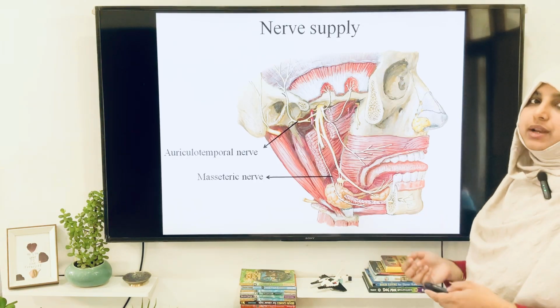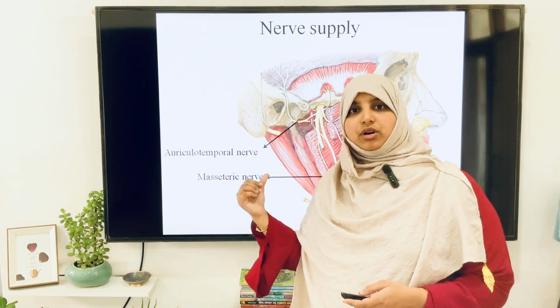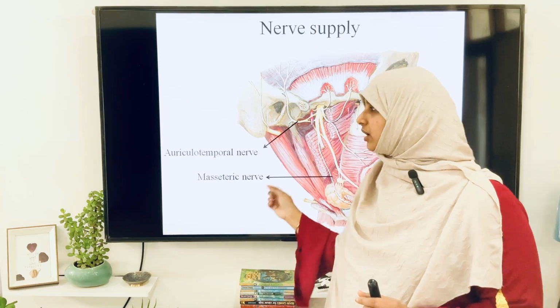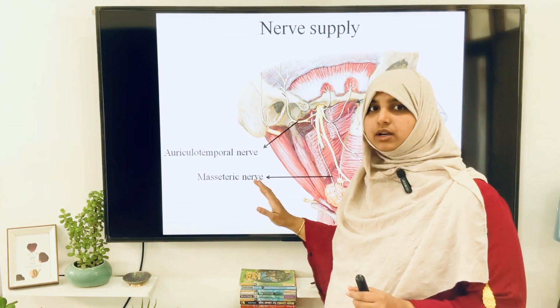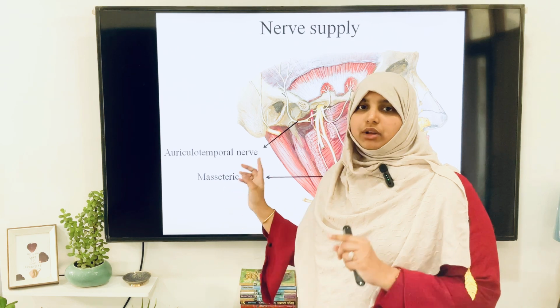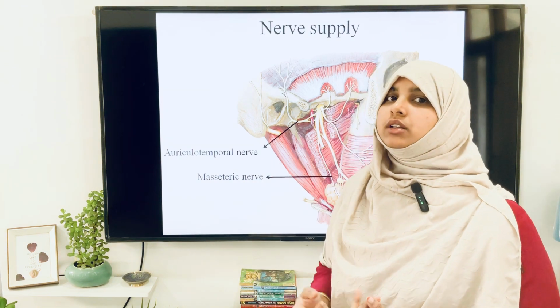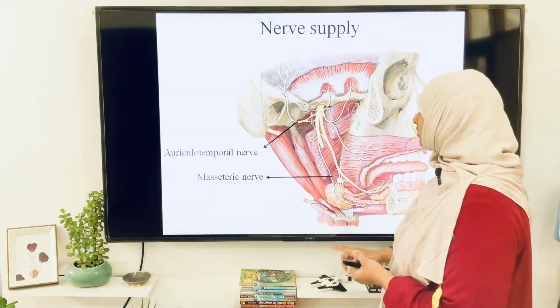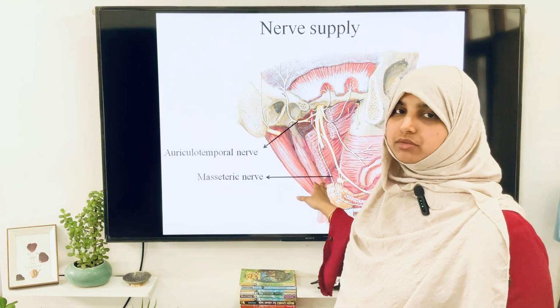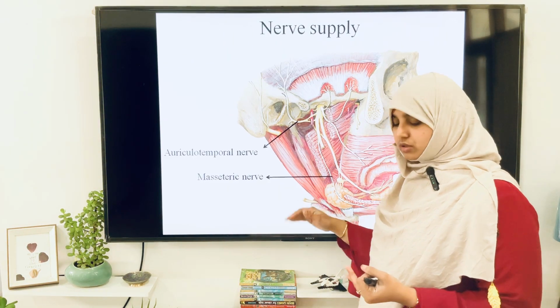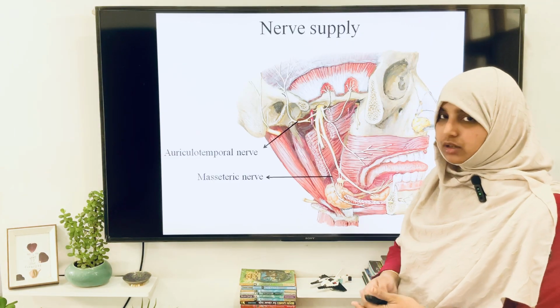And the nerve supply: we know how close the auriculotemporal nerve was, winding around the neck of the mandible and then going behind in close relation. So the auriculotemporal nerve will be the first innervation. Number two, it will also be innervated by the masseteric nerve, which we saw in the anterior relation. So the masseteric nerve is also going to supply the temporomandibular joint.